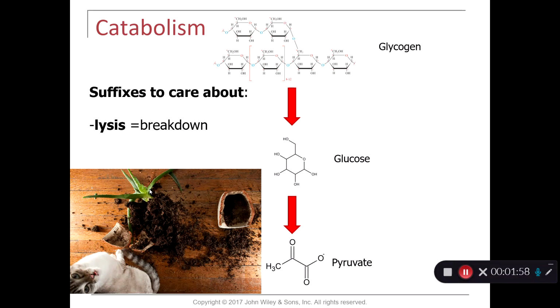If you see a word that has a role in catabolism and it has lysis at the end of it, then please jump to the conclusion that it is referring to the breakdown of something. Lysis means to break down. So hemolysis means to break down blood. Cellular lysis or anything lytic in nature just means to break down.